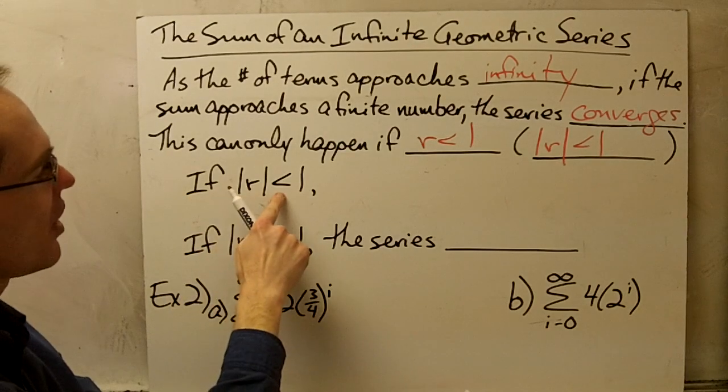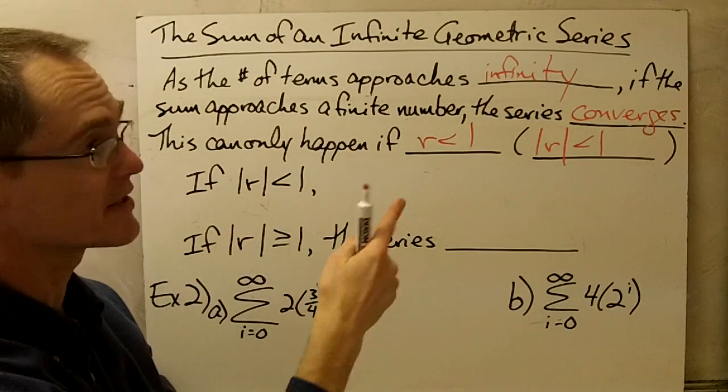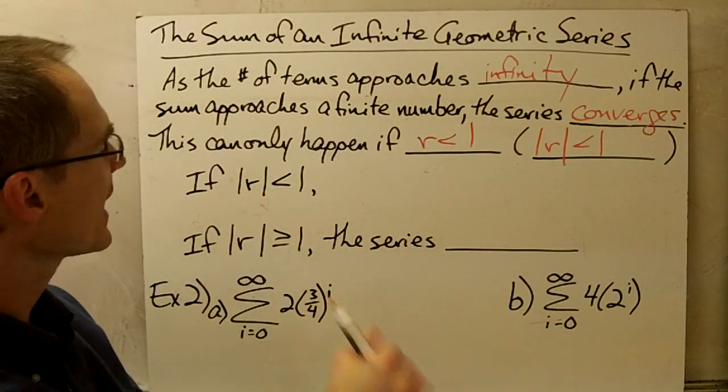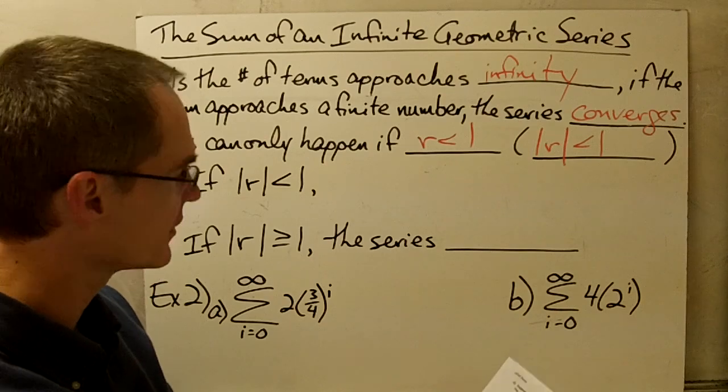If the absolute value of r is less than 1, that is if our common ratio is less than 1, and in this case it was 1/2, then we can write a formula for this sum.